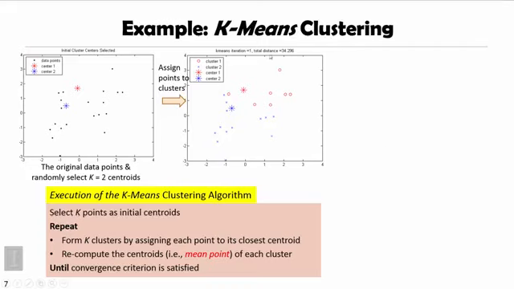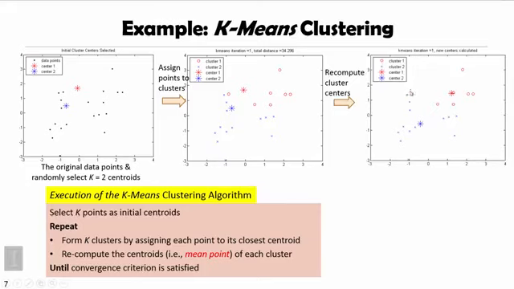Once you assign these to form 2 clusters, we need to recompute the centroids. You can see that the red centroid moves down here, and the blue one is also moved. Once we recompute the centroids, we go back and reassign the points to their closest centroid.